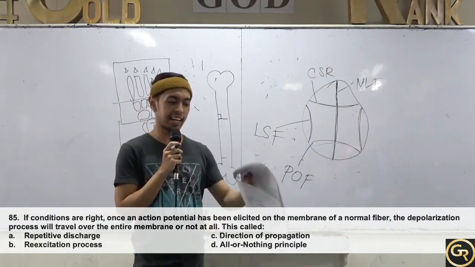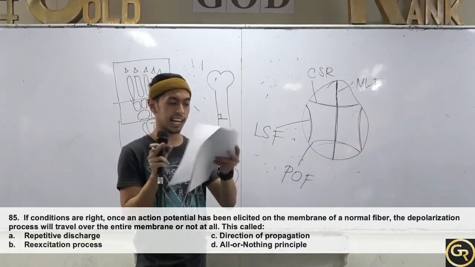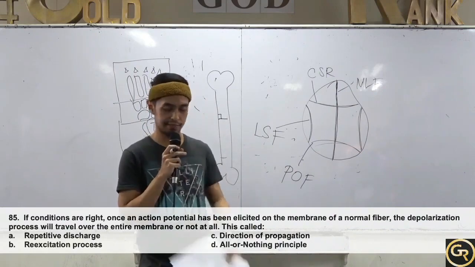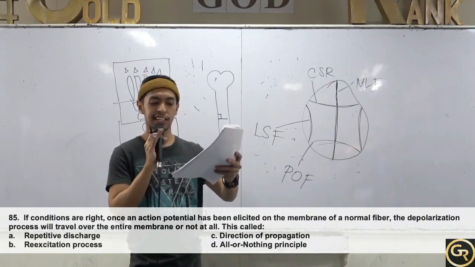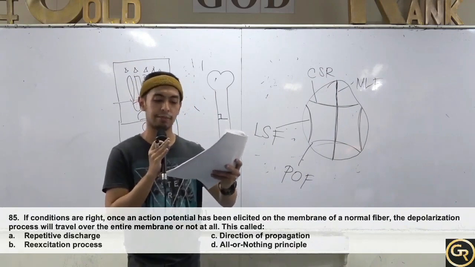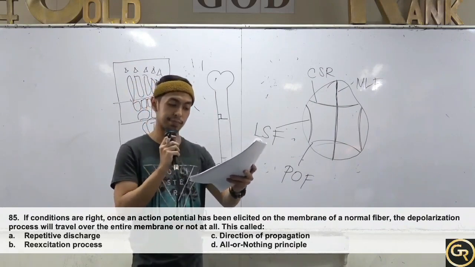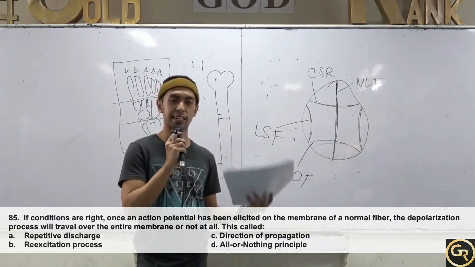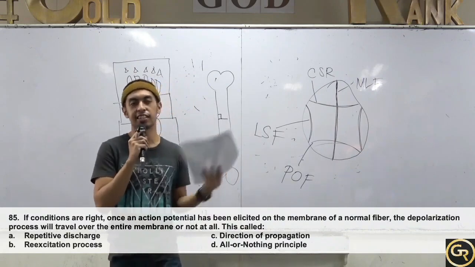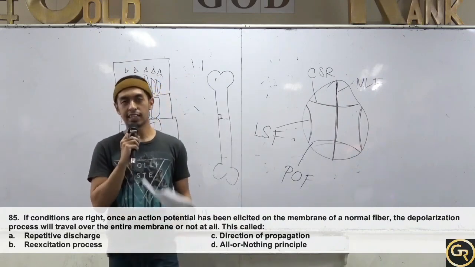Once an action potential has been elicited on the membrane of a normal fiber, the depolarization process will travel over the entire membrane or not at all, depending on the level of action potential that has been propagated.